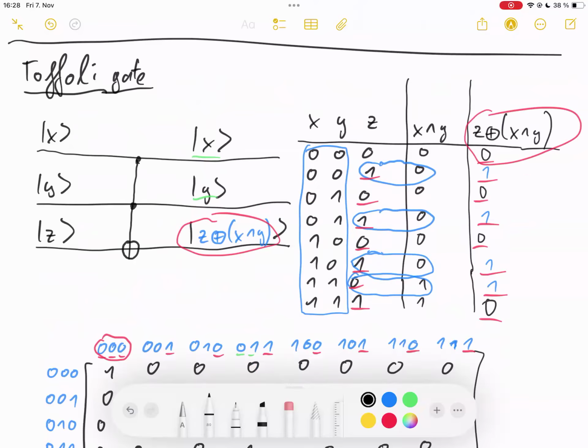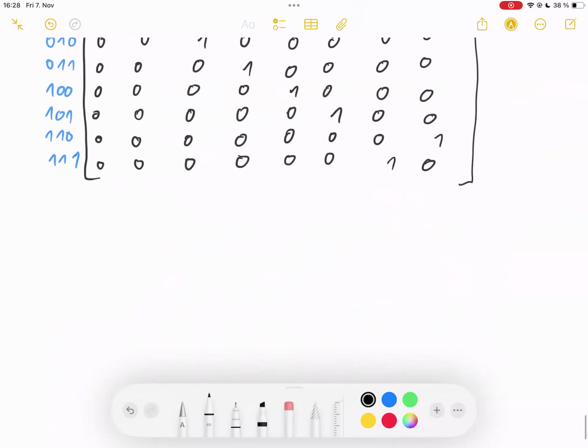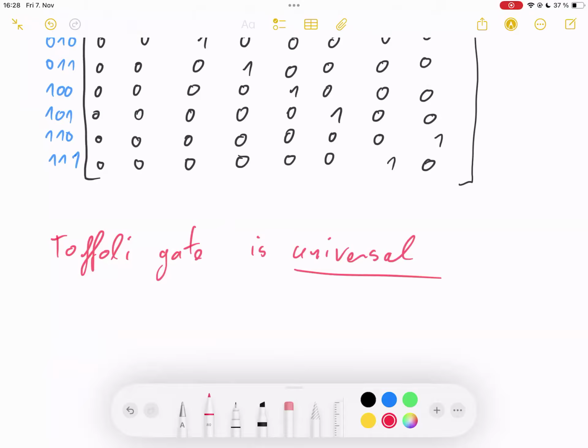Now, why is this Toffoli gate so interesting? The Toffoli gate is universal. And what this means is if we copy the Toffoli gate, so we have multiple Toffoli gates, and we just use more and more Toffoli gates, we can build any logical gate that we want.